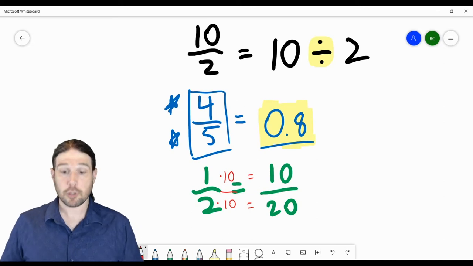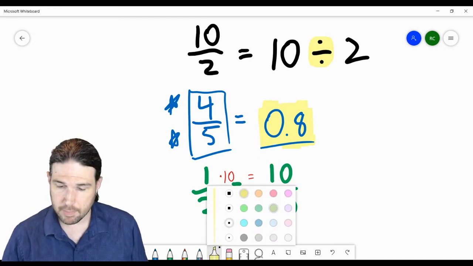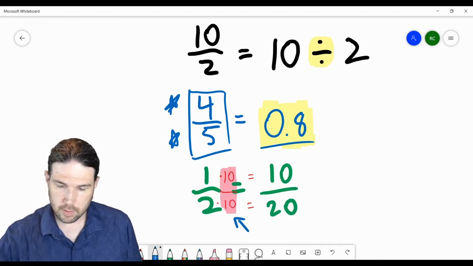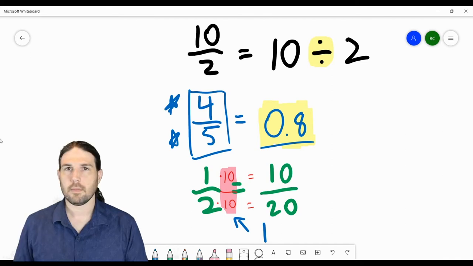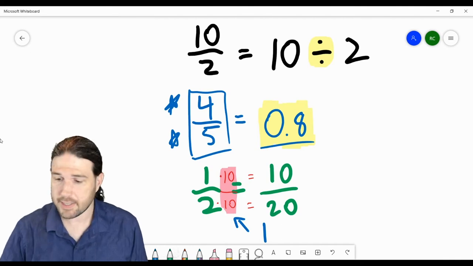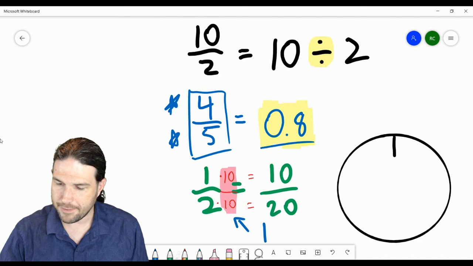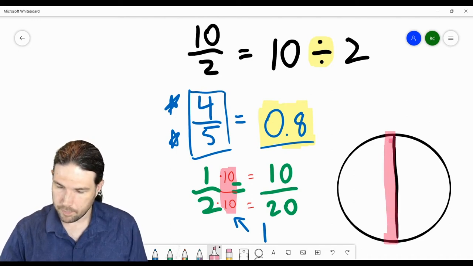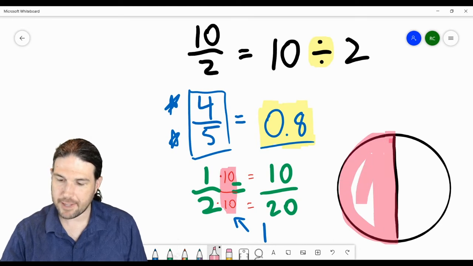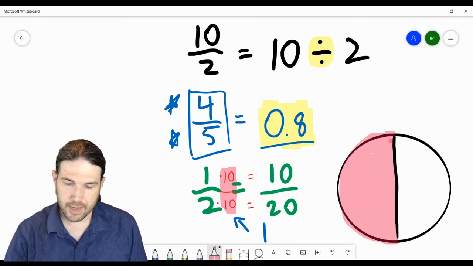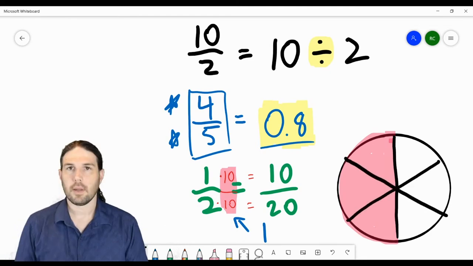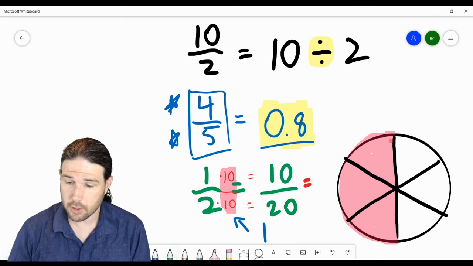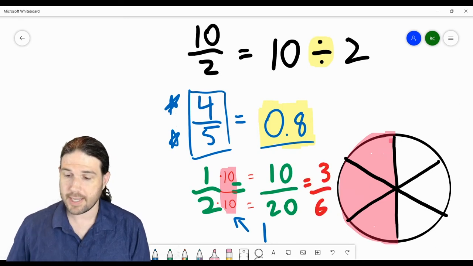And since I am multiplying the top and the bottom by the same number, what I'm really multiplying by is 1. And you can think of this like with the cakes, right? If I take a half a cake, that half a cake is still going to be half a cake, even if I split the whole cake up, even though it's clearly also now 3/6, right?